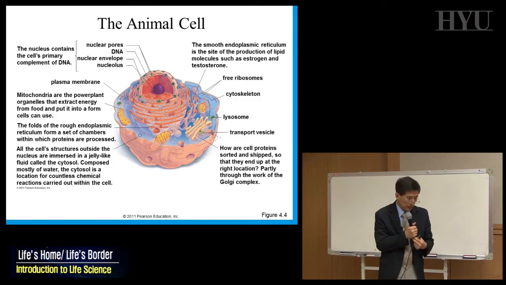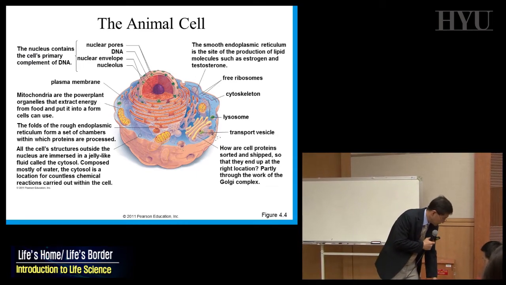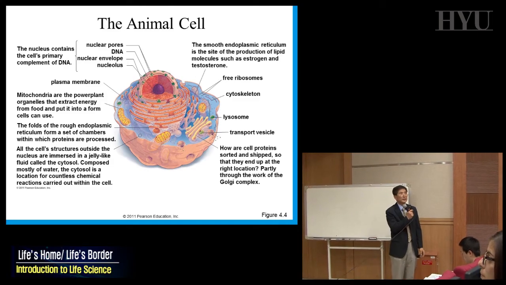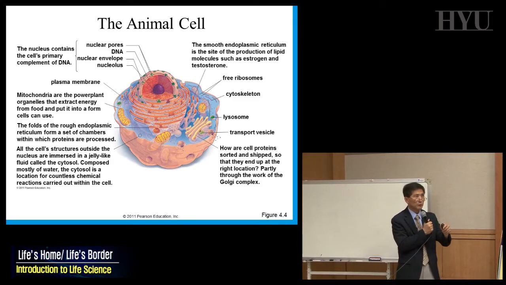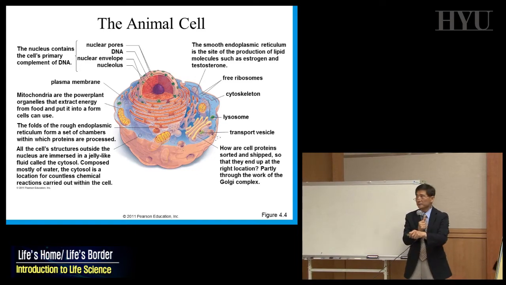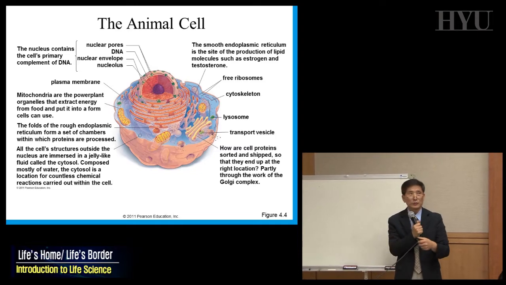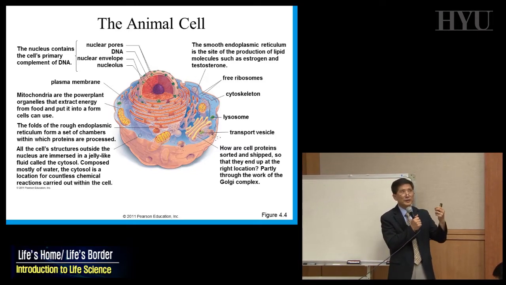So this figure on page 68 is a little bit intimidating, right? But we'll go through it one by one. Again, this is the nucleus. Inside we keep DNA. Sometimes we see DNA in the form of chromosomes, but not always.